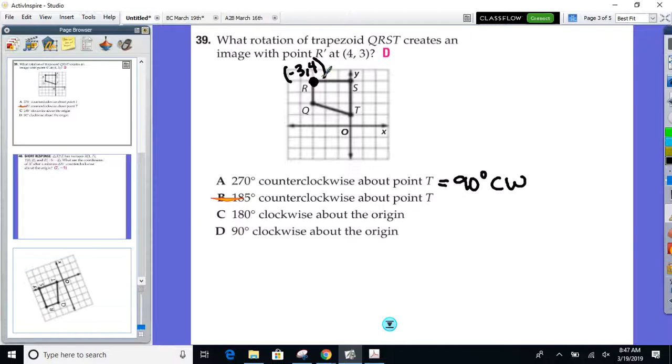If I rotate it around point T clockwise 90 degrees, it is going to go into quadrant 1, but I don't believe it's going to go to 4, 3. It should go to 3, 4, because point T is going to stay right where it is, so I'm going to rotate this around here, but it won't go to 4, 3.